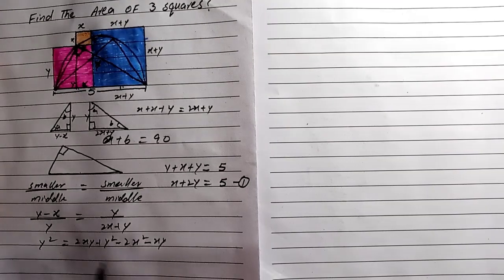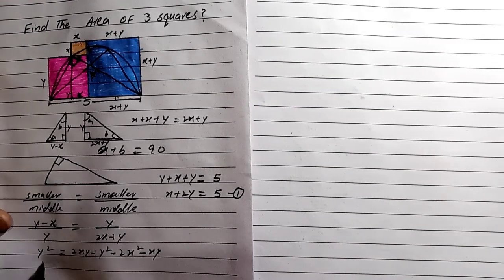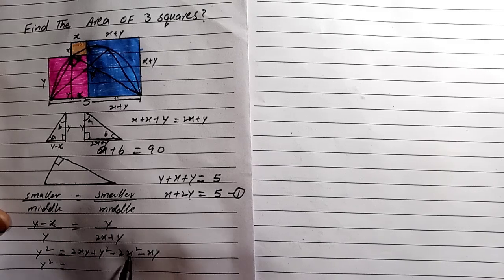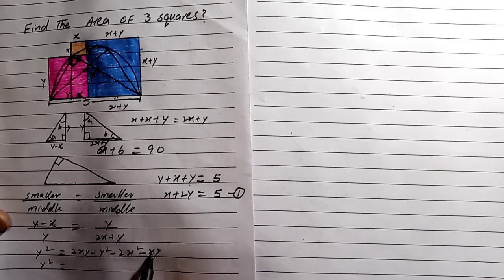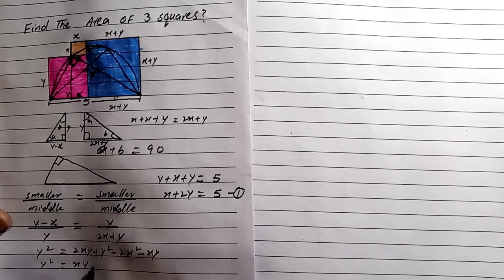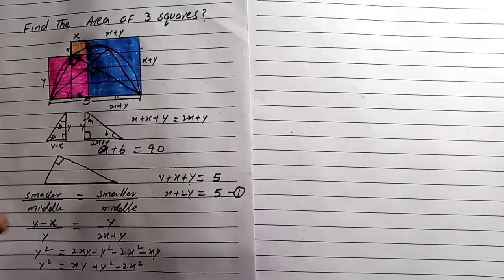So in this term we get y square, which is equal to 2xy. On this side, these two terms are the same, so we can subtract 2xy, and we get xy plus y square minus 2x square.